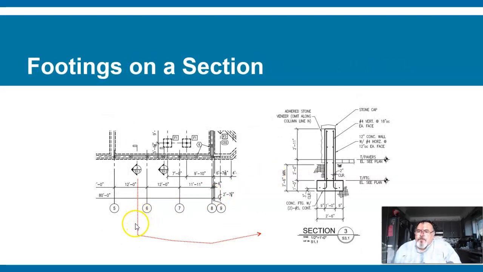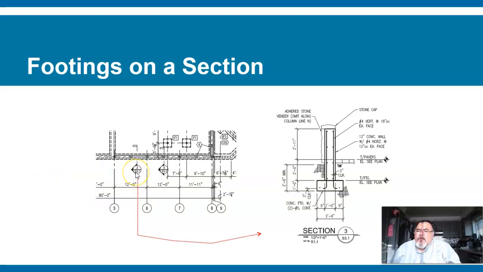Now, there's the dashed line showing you the hidden line of the foundation. Then you have this section number. You see 3 S3.1. So that's detail 3, looking in a section sideways from right to left, and it's on page S3.1.